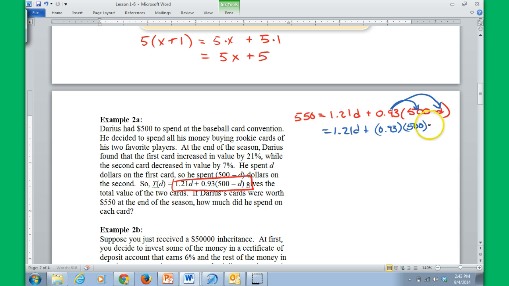We have a minus here, so minus 0.93 times D. If you multiply that out, you will get 1.21 D plus 465 minus 0.93 D.